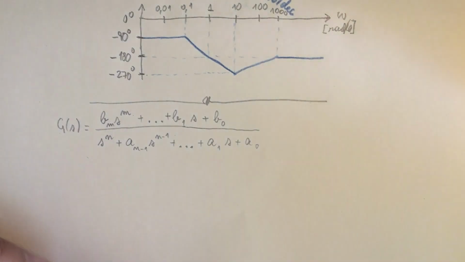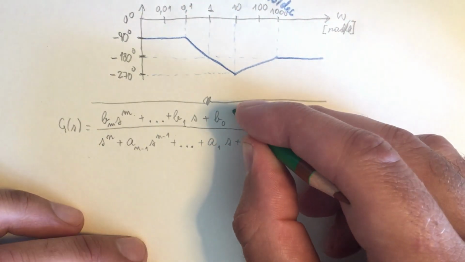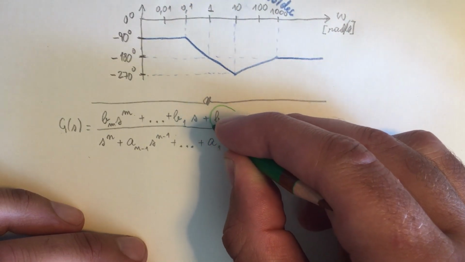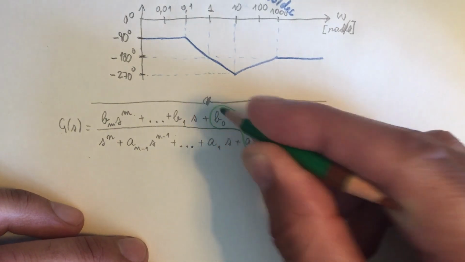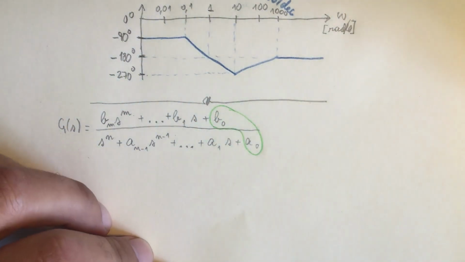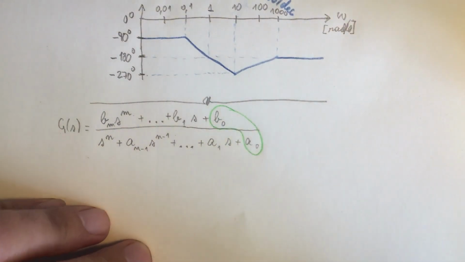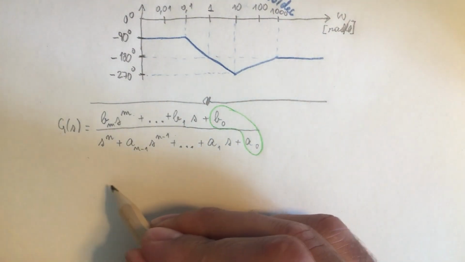We know from the final value theorem that the unit step response of this transfer function is given by b0 divided by a0.